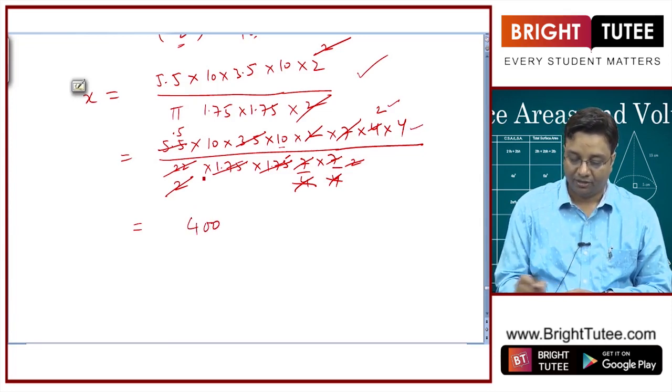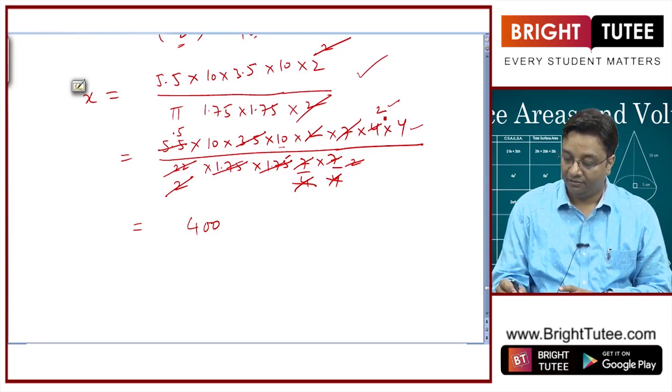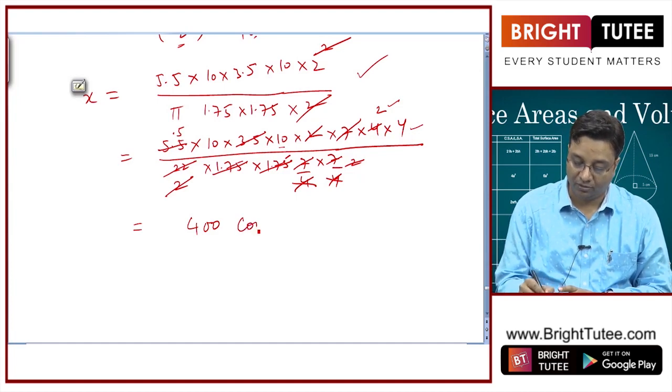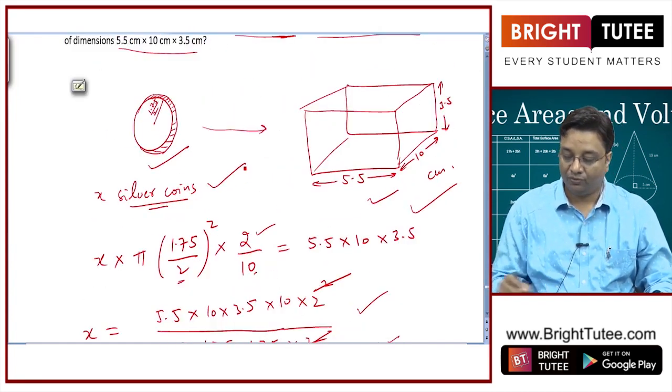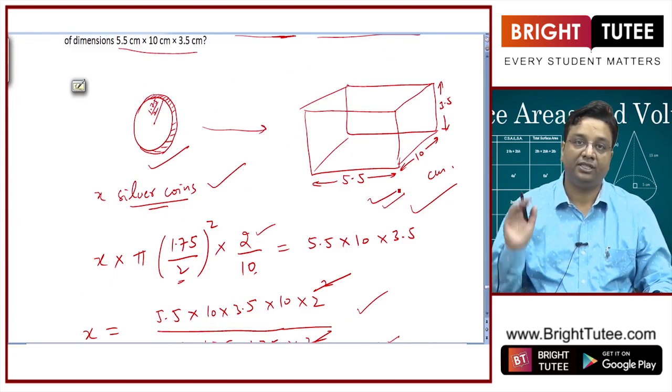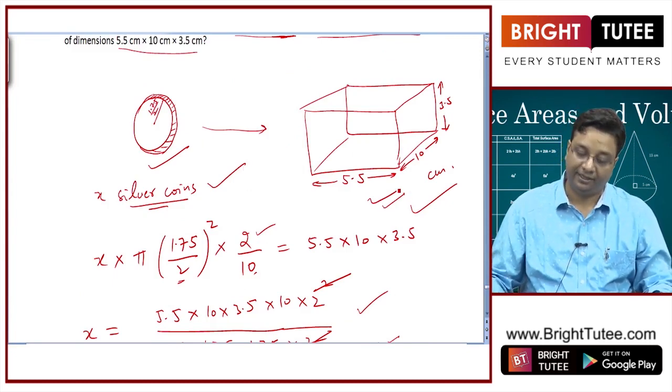Okay, so please take care that nothing is left out in the calculation. So 400 coins have to be melted to form a cuboid of these dimensions, right?